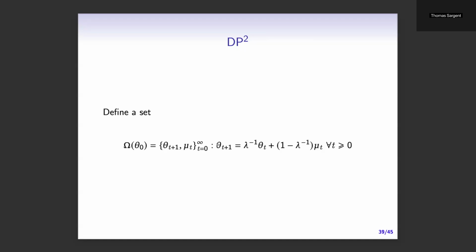But the thetas and the mu's have to satisfy this difference equation, which is the backward-looking version of the law of motion that connects inflation to money creation. And this is an unstable difference equation, but we're going to define this set.